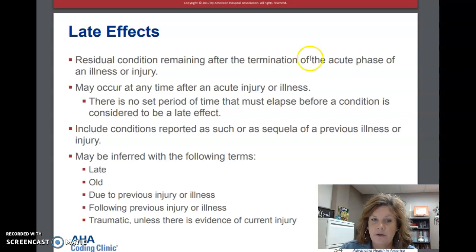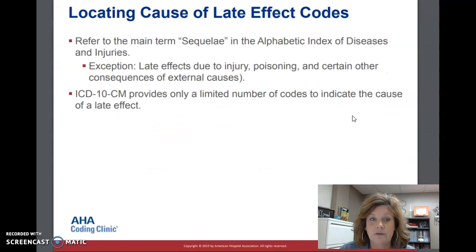Late effects. These are residual conditions remaining after the termination of the acute phase of an illness or injury. This may occur at any time after an acute injury or illness. There's no set period. Different terms that could possibly mean a late effect would be late, old, due to previous injury, following, traumatic, unless there's evidence of a current injury.